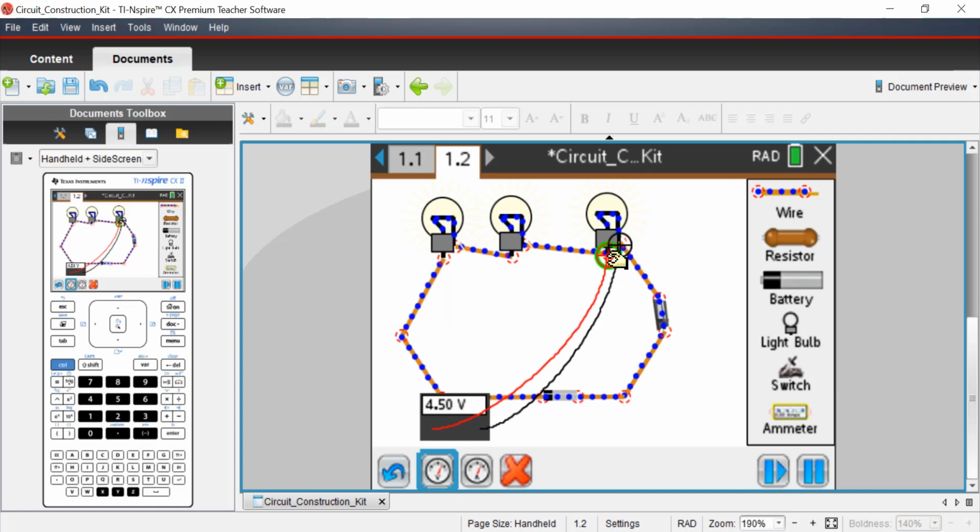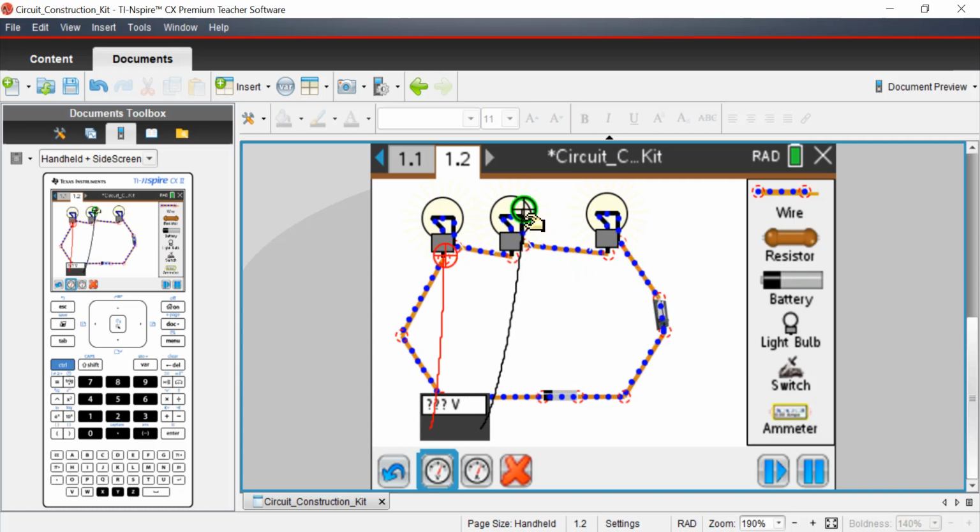Well, let's see. Looks like half, okay, so 4.5 volts. Okay, so that does make sense. It's consistent with what we saw over here. We're looking at not really the number of light bulbs, we're really looking at the total resistance. Okay, so the sum of these two light bulbs is 20 ohms, which is equal to this one light bulb's resistance, which is also 20 ohms.